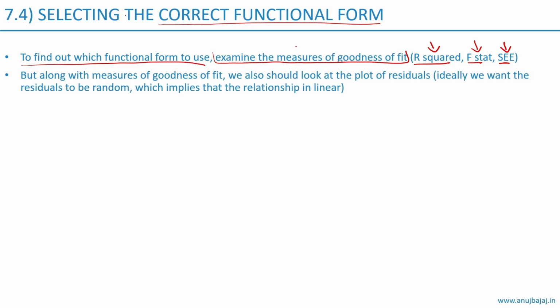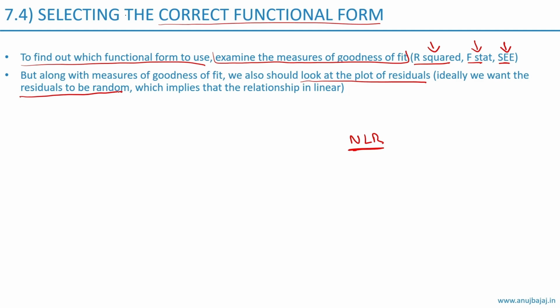Along with the measures of goodness of fit, we should also look at the residual plot. If you remember, while discussing the first assumption, linearity, we discussed that if the residuals are not random, then it implies that there is a non-linear relationship between the dependent and the independent variable. So we want to select the model whose residuals are random.